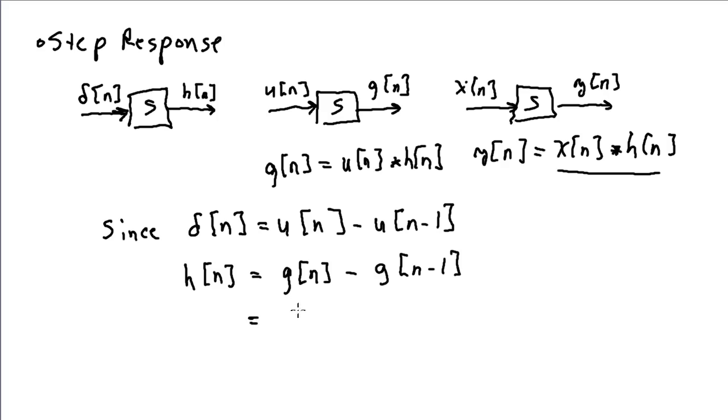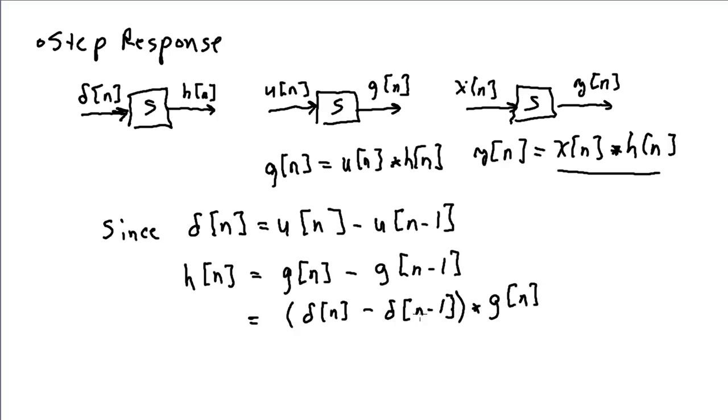Another way to write this is we can write this expression as delta n minus delta n minus 1 convolved with g of n. Again, g of n convolved with delta n gives us g of n.